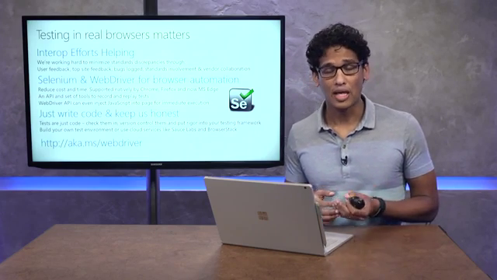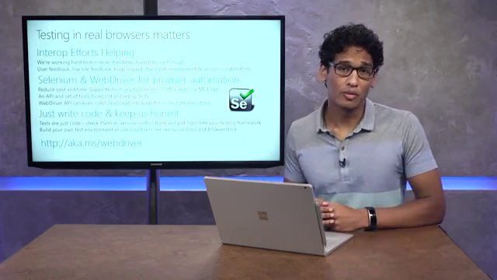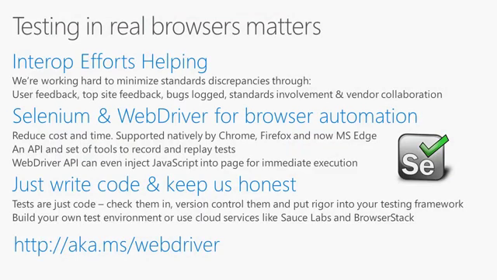This can really help you to catch issues before you deploy them and save your users from running into that trouble. Even better, you can use these either in your own test environment or use cloud services that have standardized on WebDriver like Sauce Labs or BrowserStack. To get started with WebDriver in Microsoft Edge, you first need to download an add-in, which you can find at the URL at the bottom of this slide.